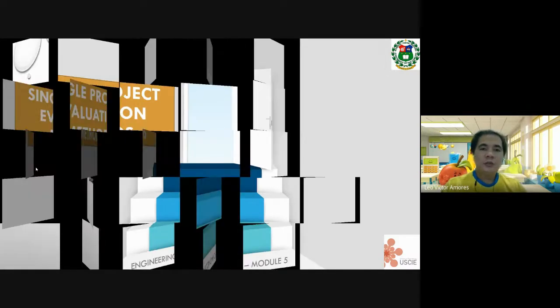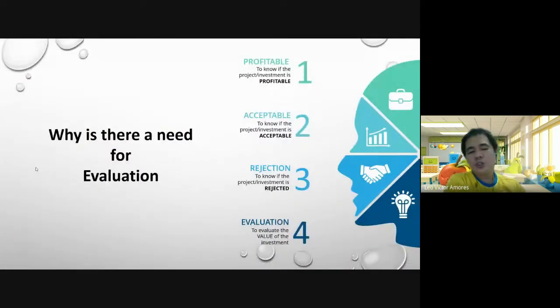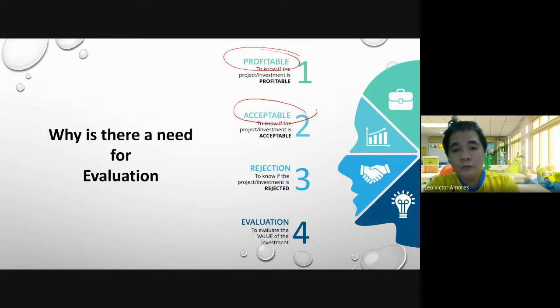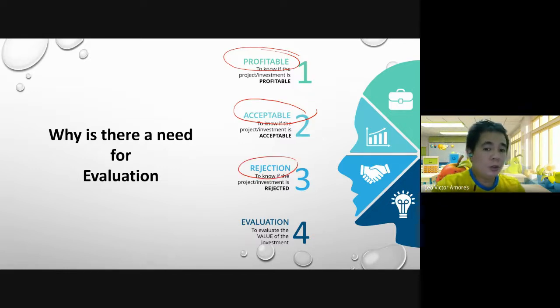As you can see, the very reason why there is a need for evaluation is, number 1, to know if it is profitable. Number 2, if it is acceptable. Number 3, should it be rejected or not. And lastly, the evaluation itself. In evaluation, we are looking into the value or cash flow.